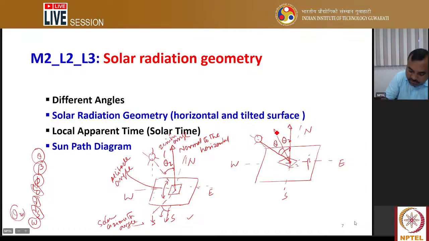Okay. And this angle is gamma, which is the azimuth angle. Okay. And already you know this angle. So this is 90 here. And this angle, maybe I'll write here, is gamma s. Okay.